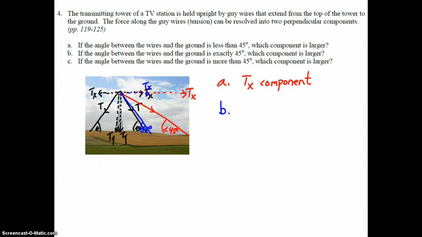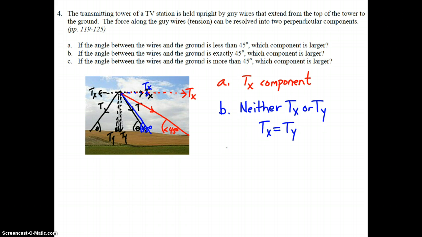And so if you know your 45-45-90 triangle well, you would understand here that the X component and the Y component at this location are equal. So neither Tx or Ty is larger because they are equal. Tx equals Ty.